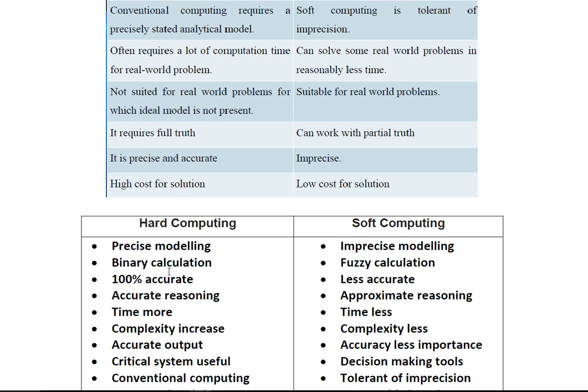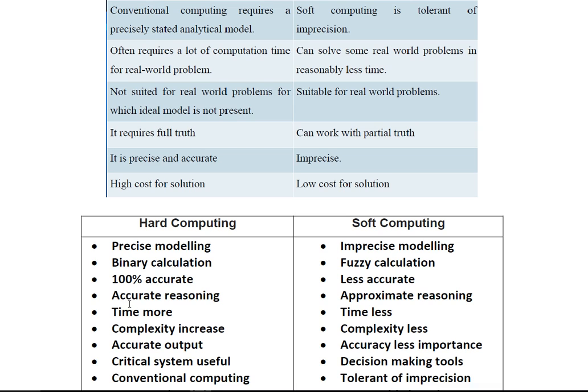In hard computing, binary calculations are used, that is 0 or 1, whereas in soft computing, fuzzy calculation is used, which is 0 to 1. In the third case, we term hard computing 100% accurate, whereas soft computing is less accurate because we are using 0 to 1.